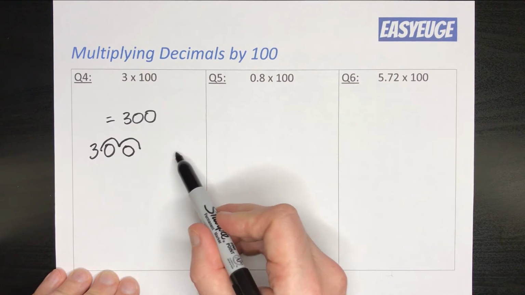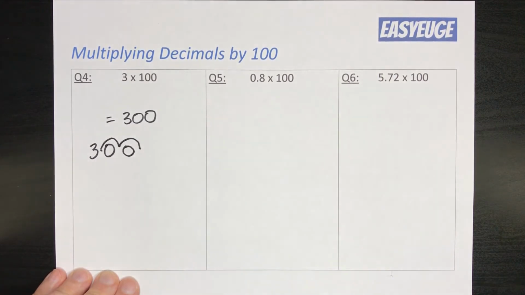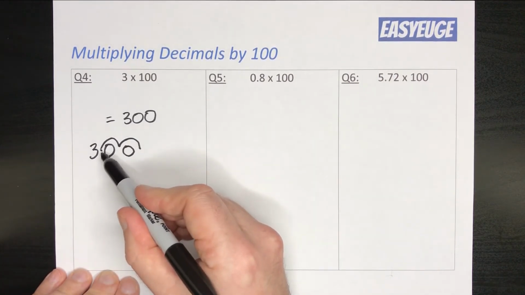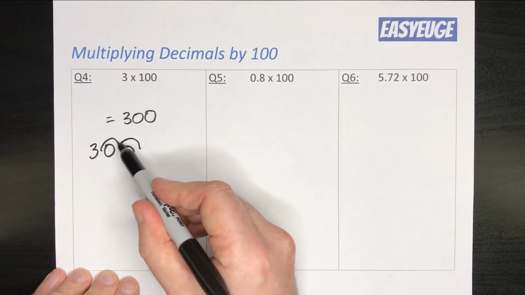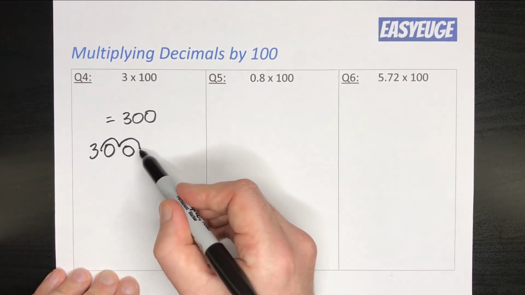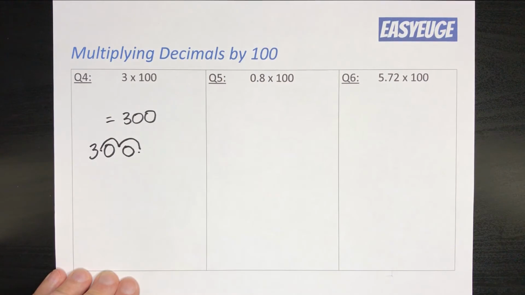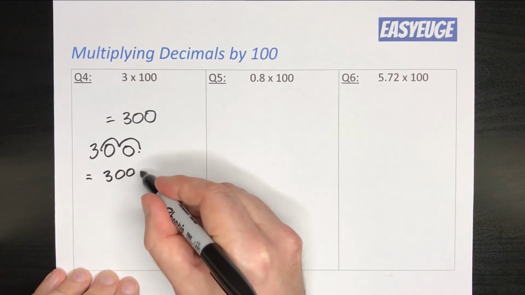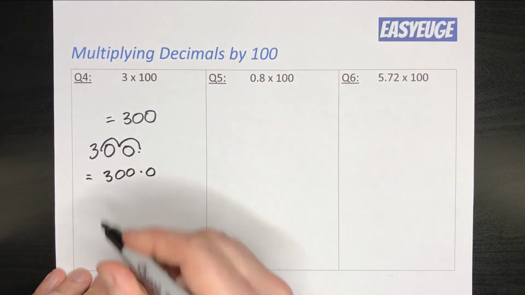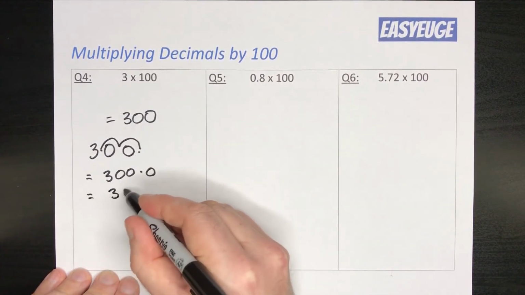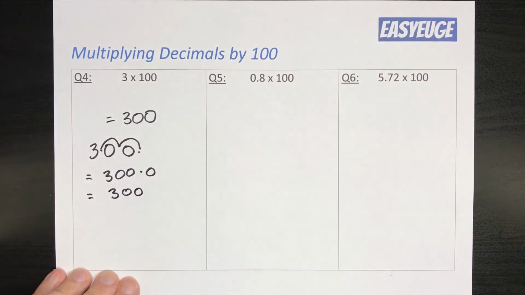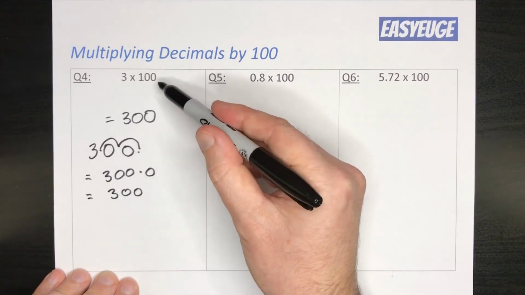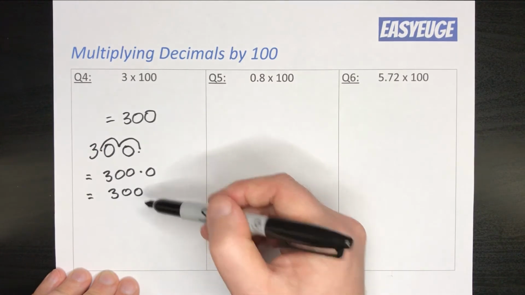We can have as many zeros as we want. So when you move a decimal point 2 places, it goes over this one and over this one, and the decimal point ends up here. So this becomes 300.0, which is also the same as 300. So we get the same answer as here. 3 by 100 is 300.